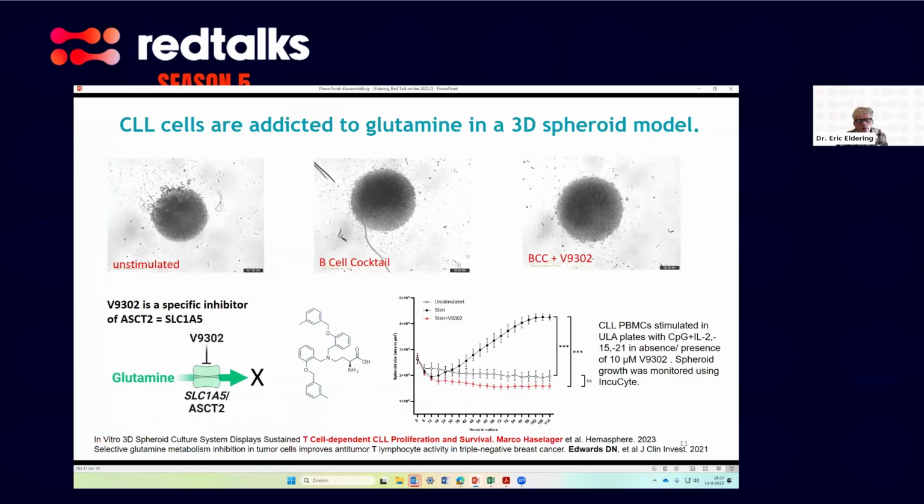Okay, I'm switching gears a little bit here, and we have set up a spheroid 3D CLL setting, of which you can see some movies over here, unstimulated cells on the left.